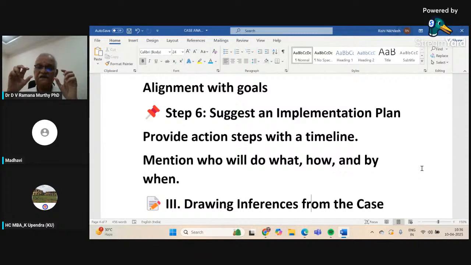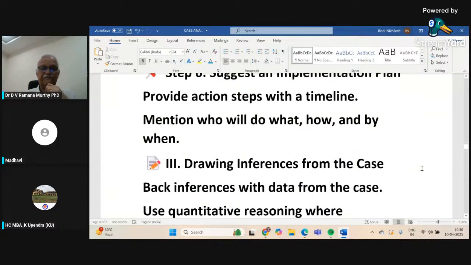See this critical thinking approach in answering a company's problem. Suggest an implementation plan, provide action steps with a timeline, and mention who will do what, how, and by when. When means timeline. So these things must be crystal clear when you are suggesting.